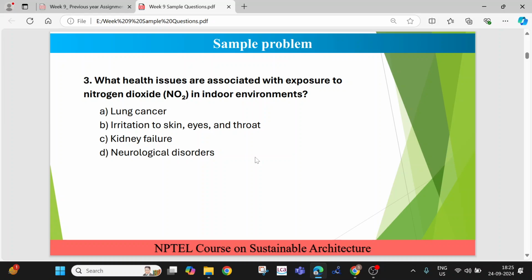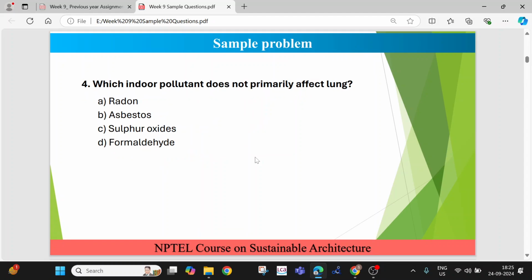Okay, so here is the fourth question. From the same slide, where the health issues associated with different pollutants were mentioned, you can answer this question also. Out of the four options, which indoor pollutant does not primarily affect the lungs or is not the primary cause of lung cancer?